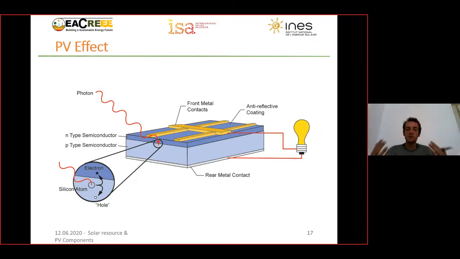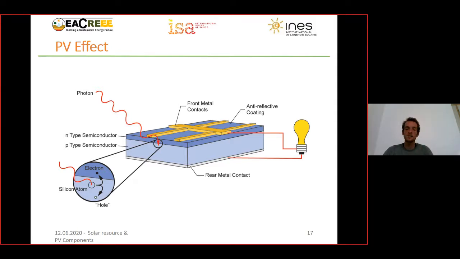Actually, if you take the most common PV modules that you can get on the market, which are silicon-based modules, these modules are made with two types of semiconductors. Semiconductors are materials where you can give them energy and they will be able to exchange electrons between each other. So you can create electric current and produce electricity.